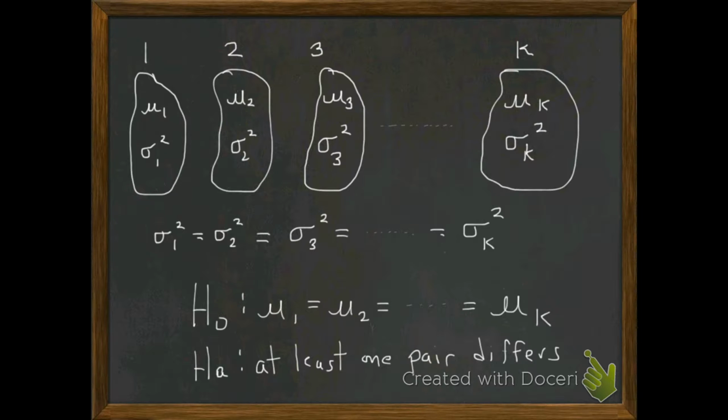Now, what was done before Fisher came up with ANOVA is people would do multiple t-tests. And this turns out to be bad. Multiple t-tests lead to what's called an inflation of the family-wise type 1 error rate.